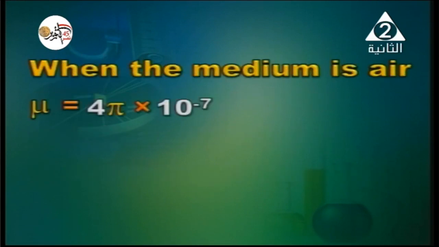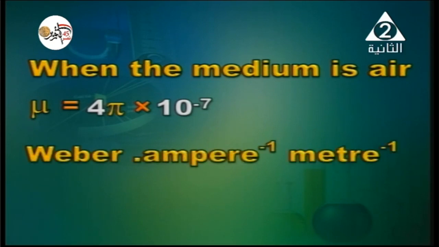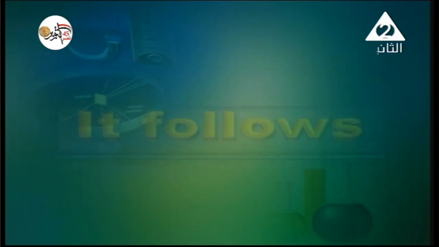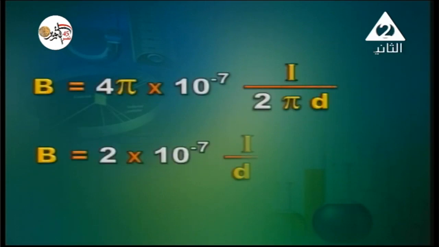When the medium is air, the permeability equals 4π times 10 to the power of -7 Wb A^-1 m^-1. In this particular case, we can say B = 4π times 10^-7 I over 2πd. The 2π will be cancelled with the 2π, so we will obtain 2 times 10^-7 I over d.